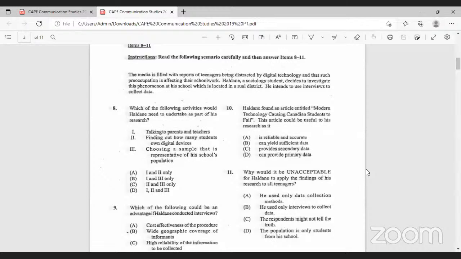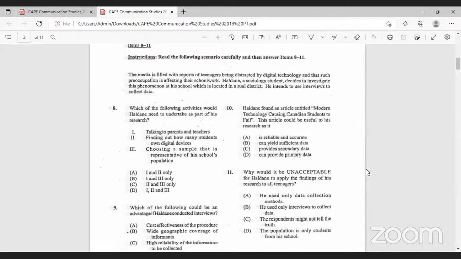So we have this extract for items 8 to 11. So it says the media is filled with reports of teenagers being distracted by digital technology and that such preoccupation is affecting their schoolwork. Haldane, a sociology student, decides to investigate this phenomenon at his school, which is located in a rural district.